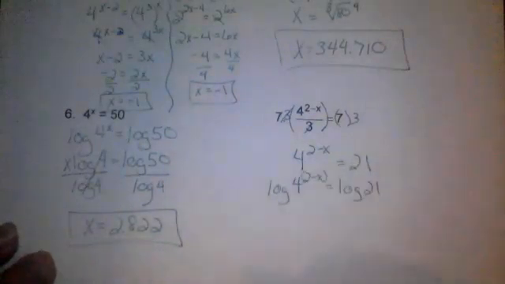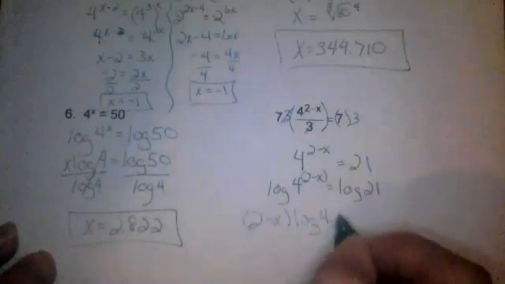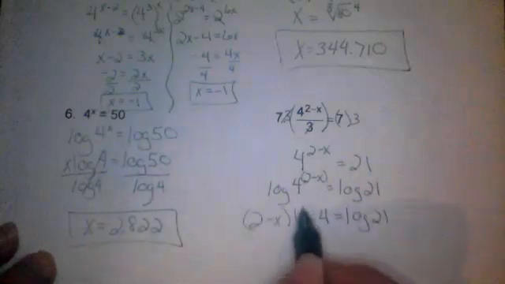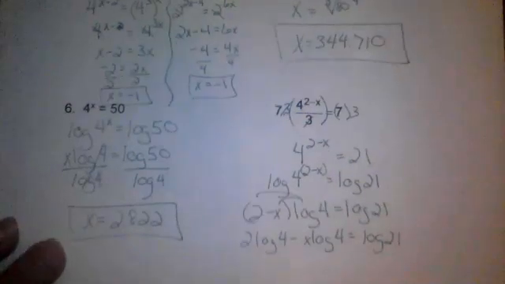I need to bring my exponent to the front. Remember, it's a binomial exponent. So we're going to distribute into that. So we have 2 log 4 minus x log 4 equals log 21. We need to get the x by itself, so I'm going to subtract this 2 log 4 to the other side.